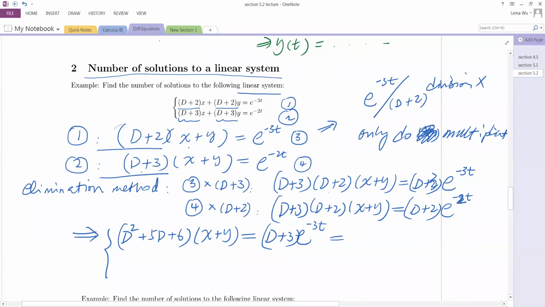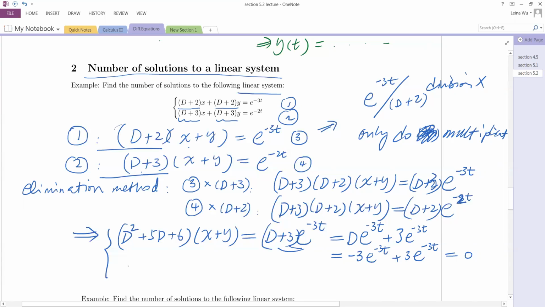You just take the derivative of e to the negative 3t, which is negative 3 e to the negative 3t, plus 3 e to the negative 3t. We got 0, right?